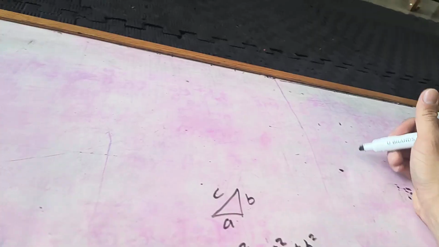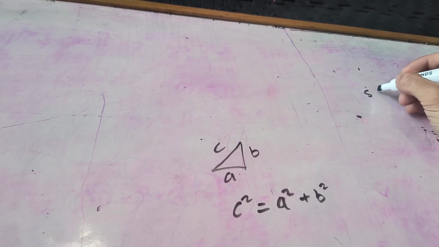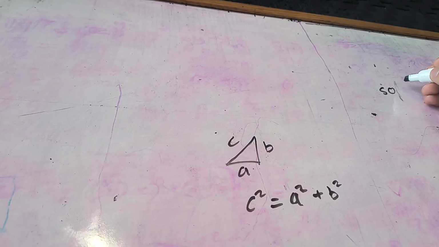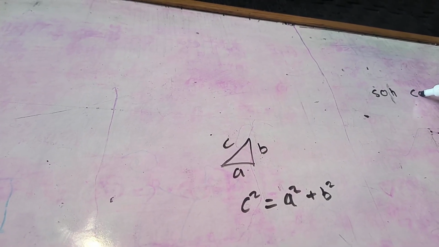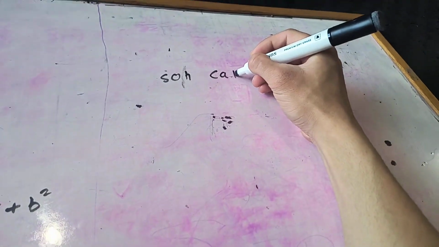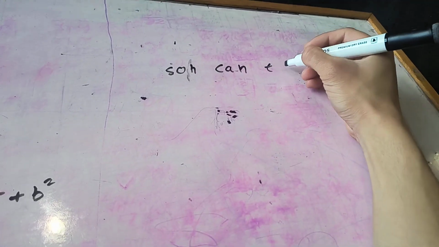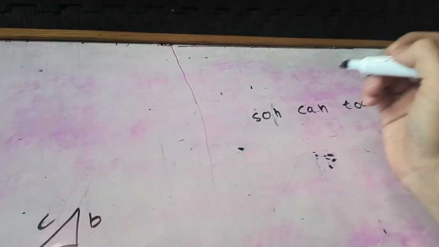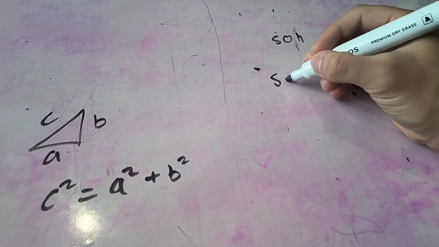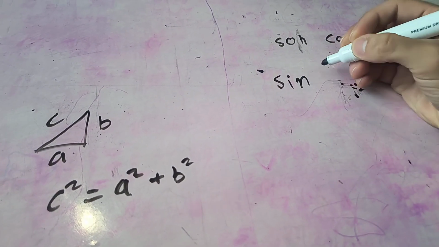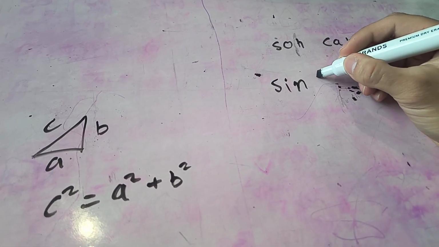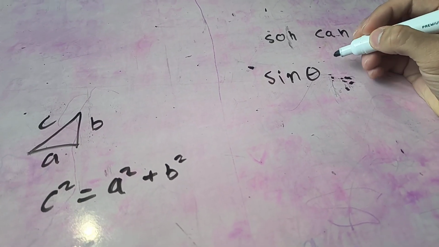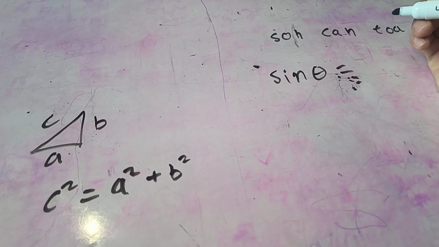And we know SOHCAHTOA. Sine of theta is equal to opposite over hypotenuse.